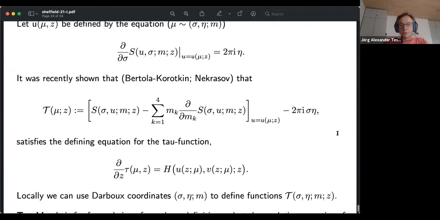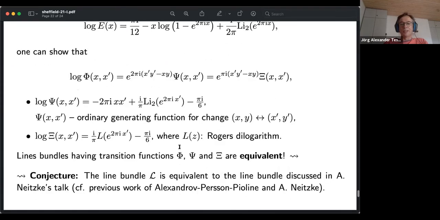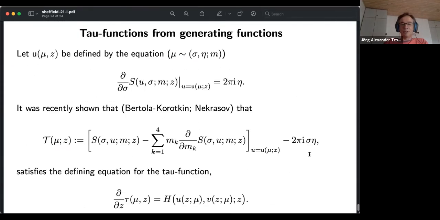But there is this correction term here involving the Darboux coordinates, and just by the observation that we have made here, it follows that with this correction, the changes of Darboux coordinates, which are represented in terms of ordinary generating functions, will then translate in terms of the tau functions into changes of coordinates of the difference type.